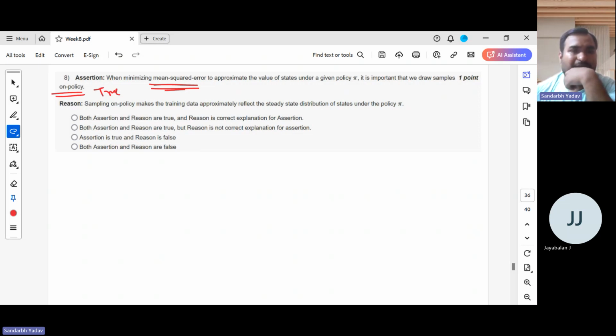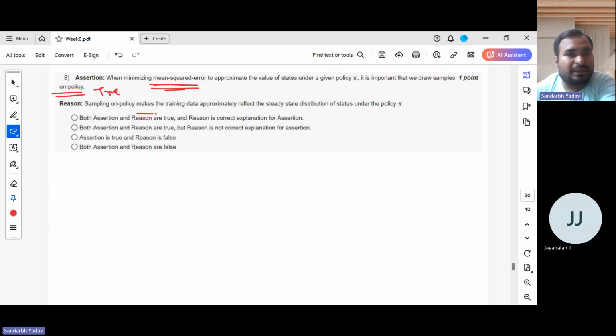On policy, they will capture the weight of each state in this mean square error, because the states which are more important will appear more number of times. So if we do it on policy, that will happen. So this is two.